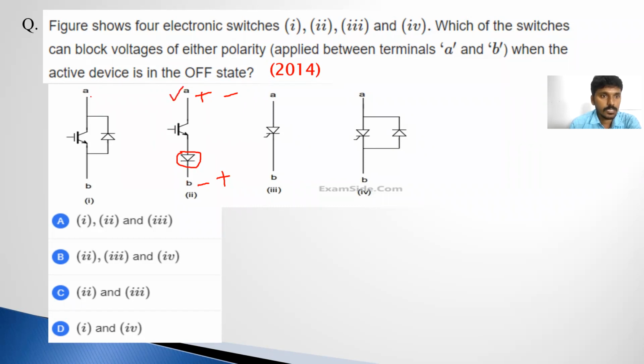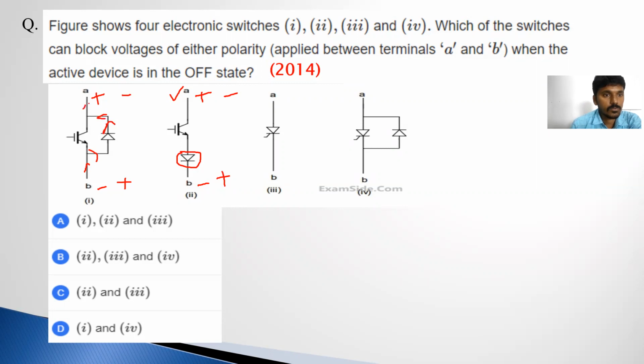So next, A1, you can check this one. If you apply the positive voltage, yes, it can block the voltage. If you apply the reverse voltage, it will not block the voltage because here the diode is connected, so the current is flowing through this diode.